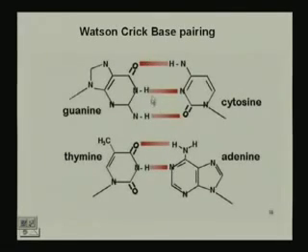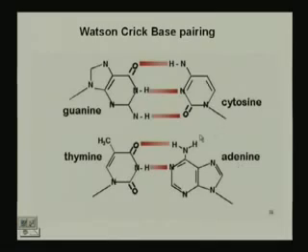These thick red lines are representations of hydrogen bonds. We are talking about oxygen, hydrogen, nitrogen. Here is one hydrogen bond, here we have another, and here another. So, we have 3 hydrogen bonds in the pairing of G and C, and 2 hydrogen bonds in the pairing of T and A.